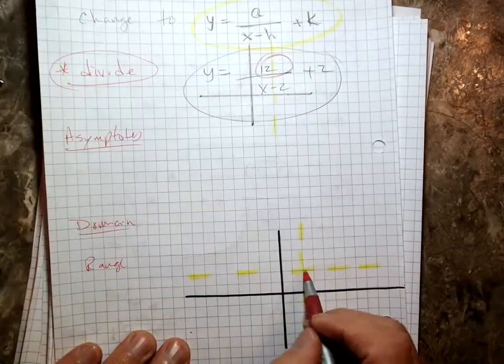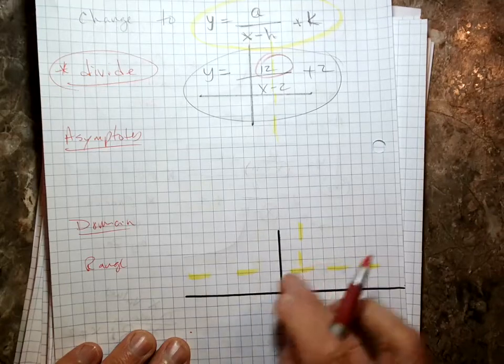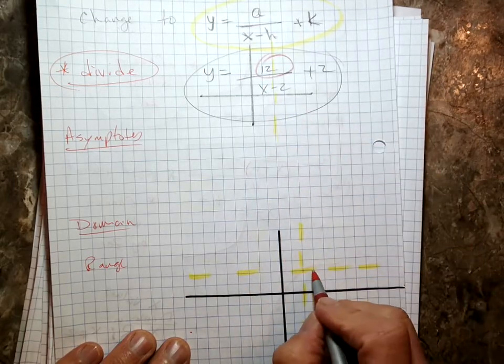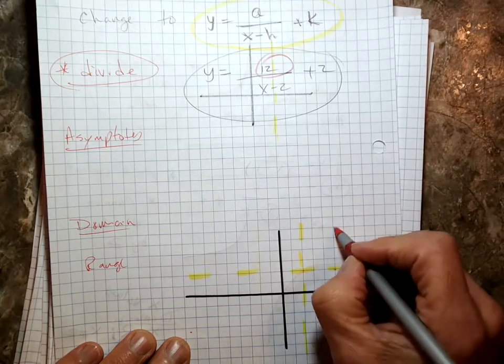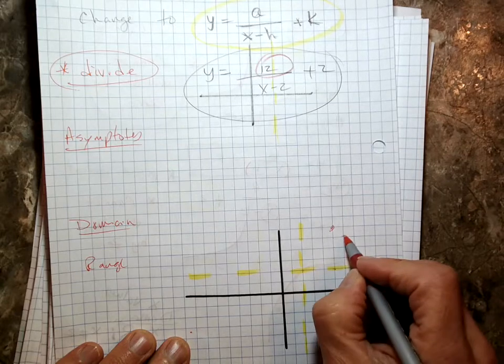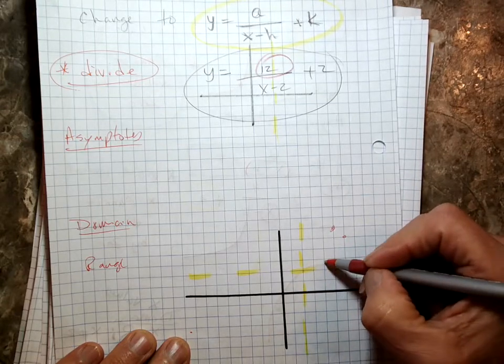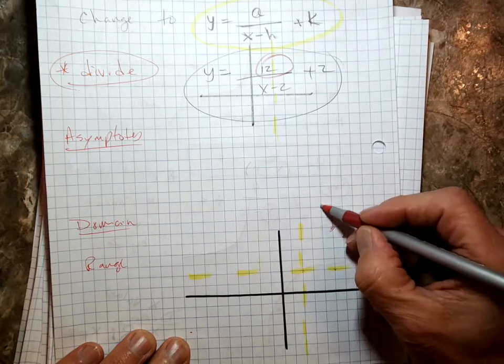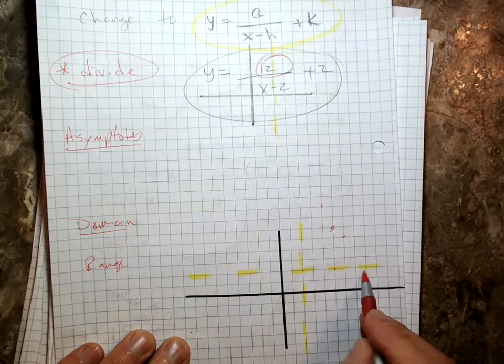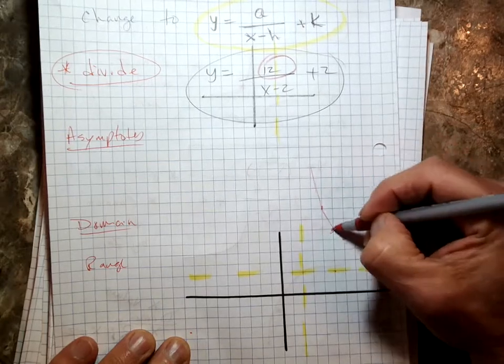So from my origin, or my shifted graph, I'm going to multiply 12. So let's see, 1, 2, 3, and a 2 and a 6, and a 2, and it looks something like this.